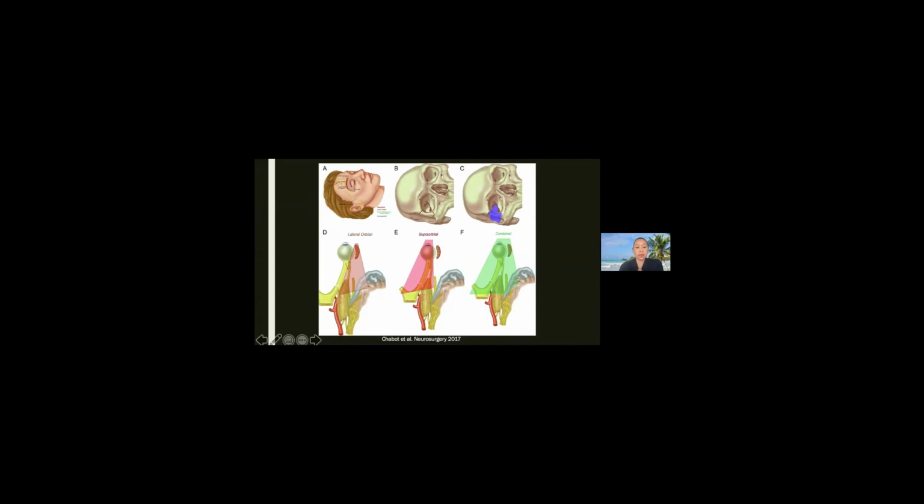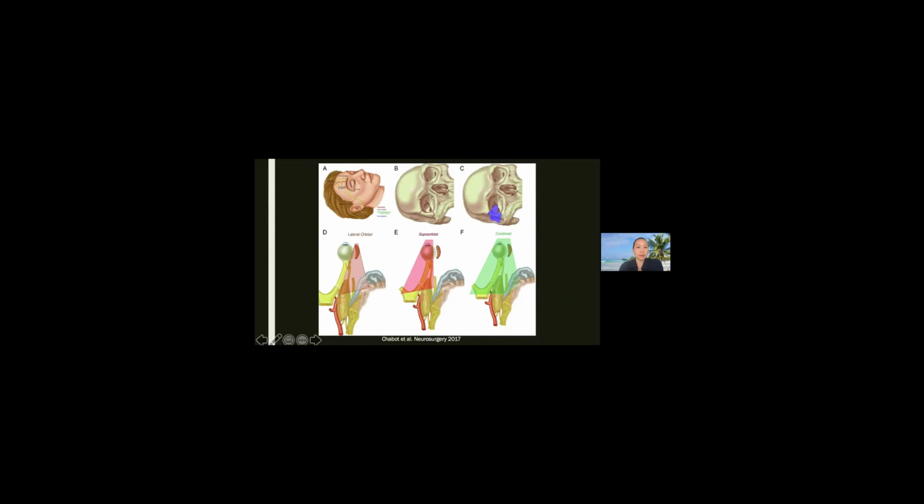It can go all the way pretty much up to the optic canal and Meckel's cave medially, but the supraorbital craniotomy gets you across to the anterior fossa, to the chiasm, to the supraclinoid ICA. And so if you combine those, if you do sort of an extended eyebrow incision and do both a superior and a lateral orbitotomy, you can get access to all of this from a very small incision.